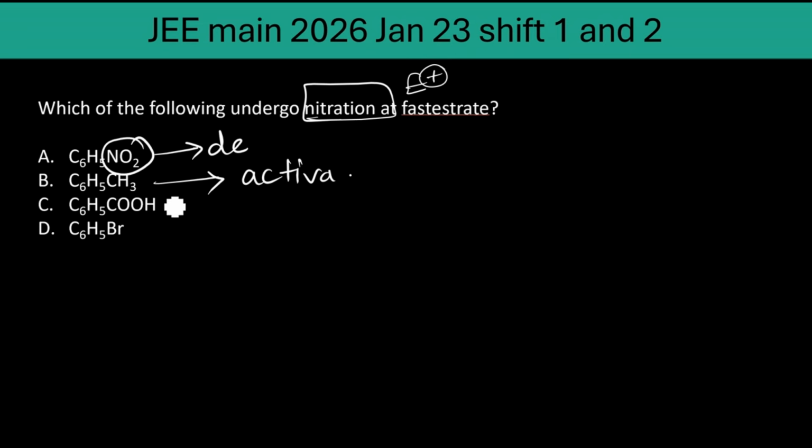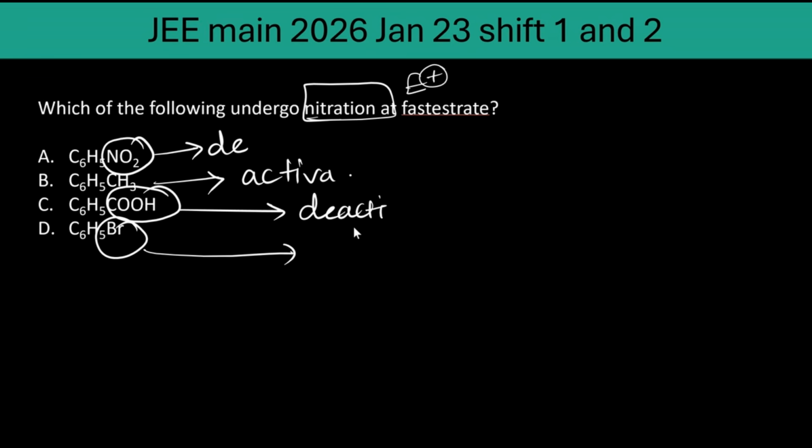And what about benzoic acid? That is also deactivating. The Br group is deactivating but still ortho-para directing, but weakly deactivating, I would say. So among these, the one with a different property is toluene. The methyl group is electron donating, it activates the ring towards nitration, the electrophilic substitution reaction.